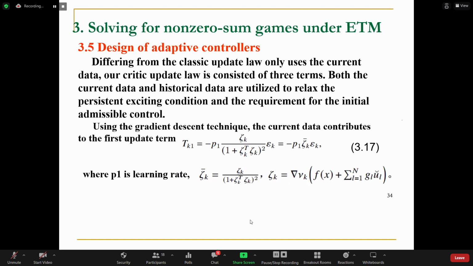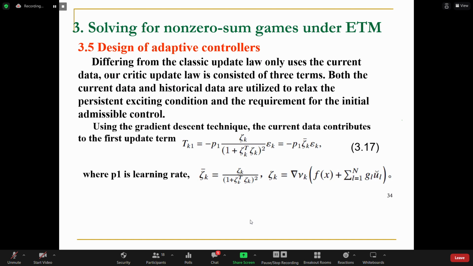Here is one of our novelties. Differing from the classic update law, which only uses the current data, our critic update law consists of three terms. Both the current data and the historical data are utilized to relax the persistent excitation condition and the requirement for the initial admissible control.